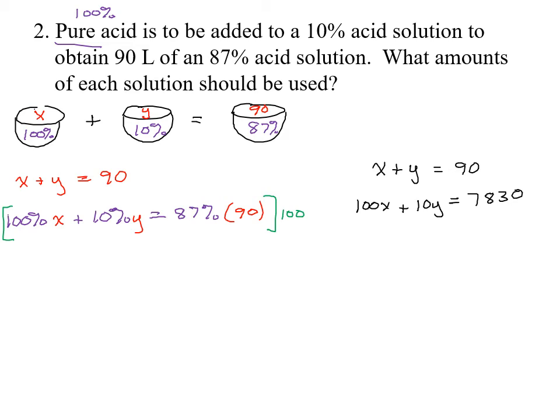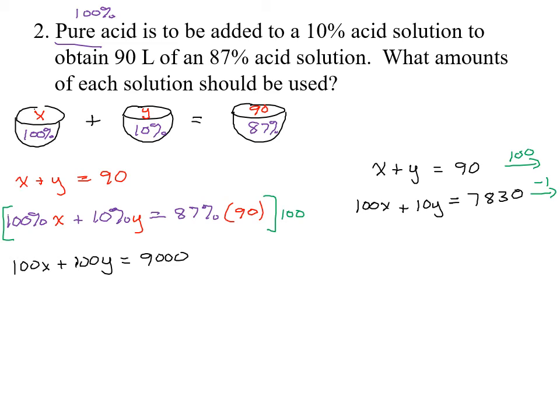So at this point, the top one will get multiplied by 100 because there's 100 on the bottom one. And the bottom one will only get multiplied by 1, but I'm going to make it a negative so that they'll be opposite signs. So I'll end up with 100x and 100y equal to 9,000, the 90 times the 100.